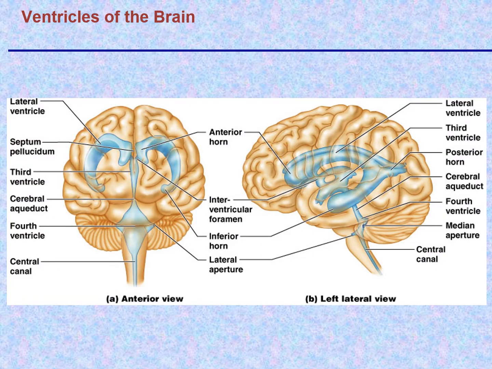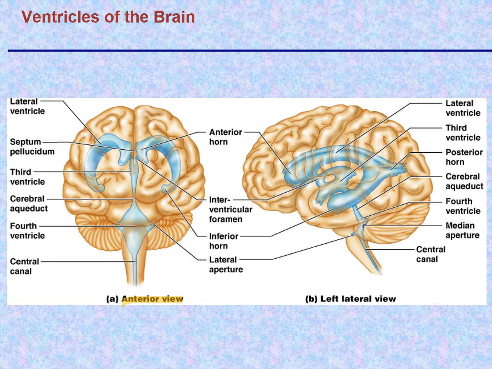So here you see an anterior view of the brain. You see here in this part the cerebrum, and below that you see the cerebellum there, and then in this area here you see the brain stem.